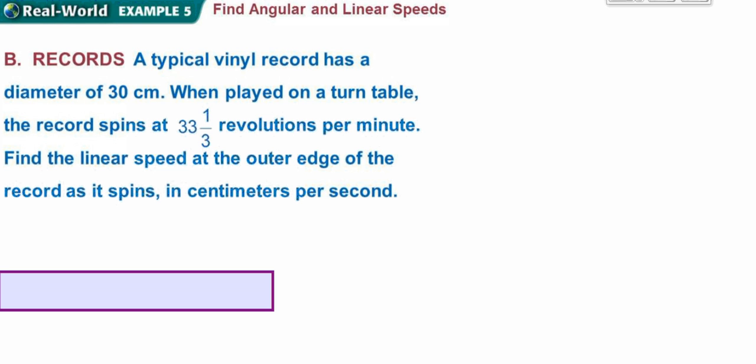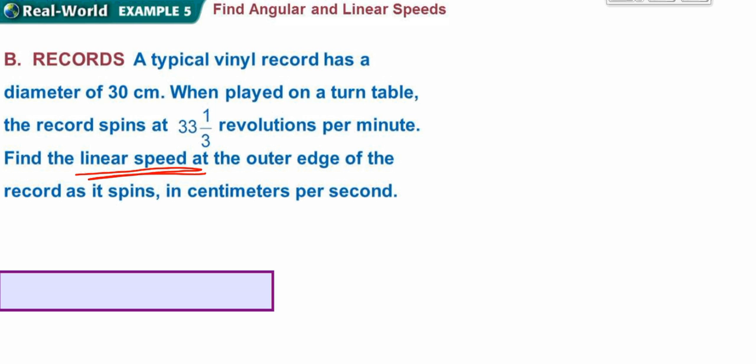Same thing, 33 1/3 revolutions per minute. Now we want the linear speed, and notice it says the linear speed of the outer edge. Why does it say that? Right, so I'm going to know my radius is 15. If it said halfway between the edge and the center, it would be 7.5 or something.